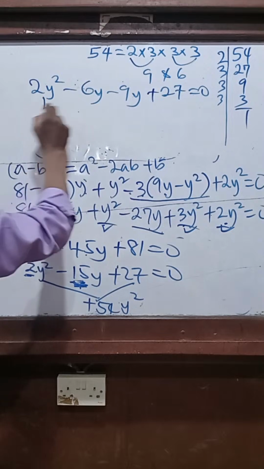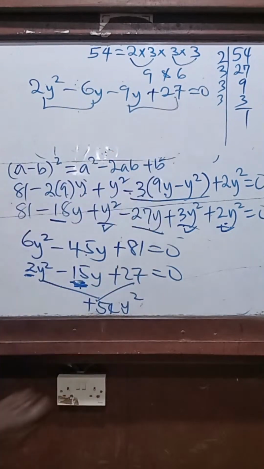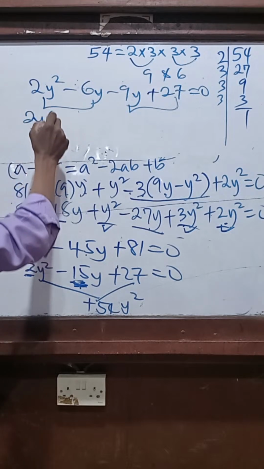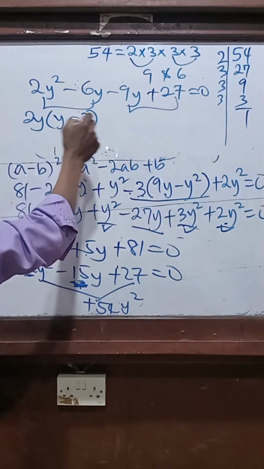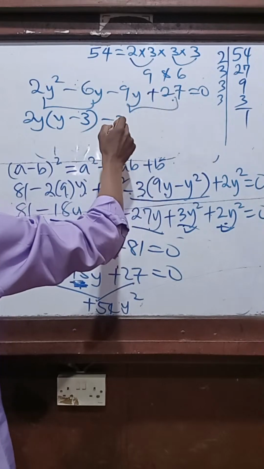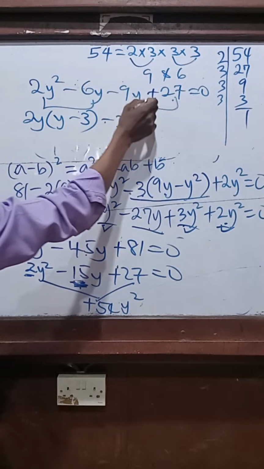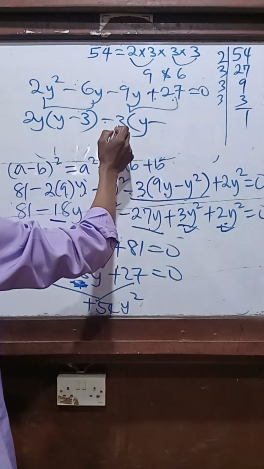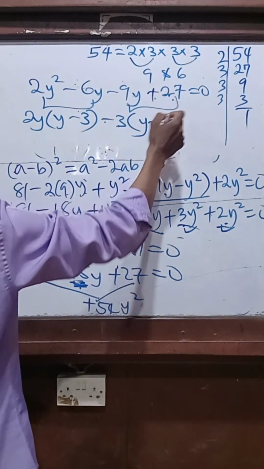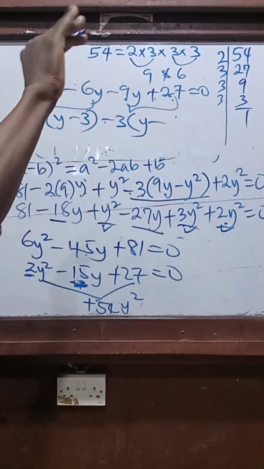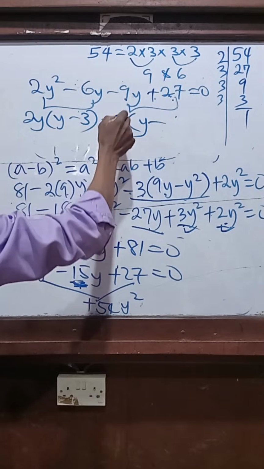Then begin to pair the first two and pair the last two. 2y is common, that'll be y minus 3. Here also, minus 3 is common. Take it out, that's y, and then minus times plus, that's minus. 3 in 27, that's 9.